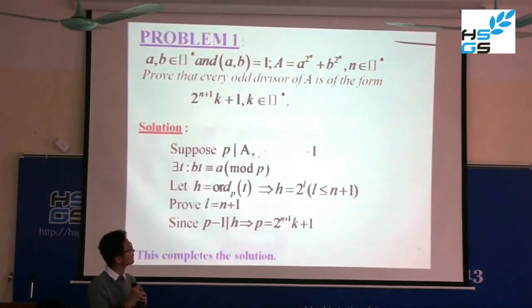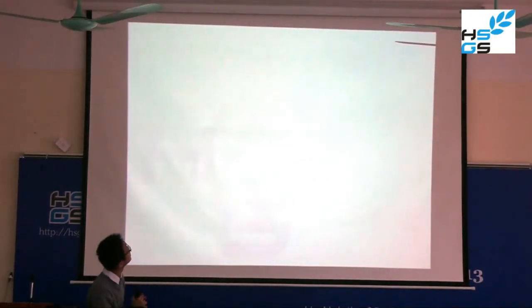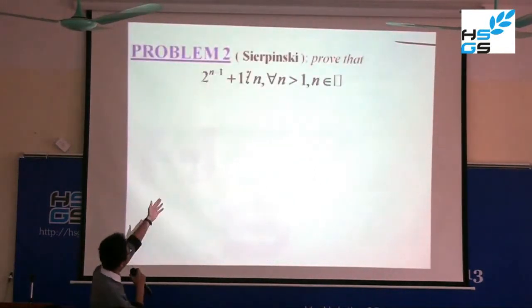Let me move on to problem 2. Prove that, assume to the contrary, 2 raised to the exponent of n plus 1, minus 1, plus 1 is divisible by n.